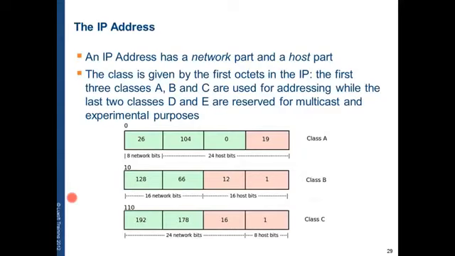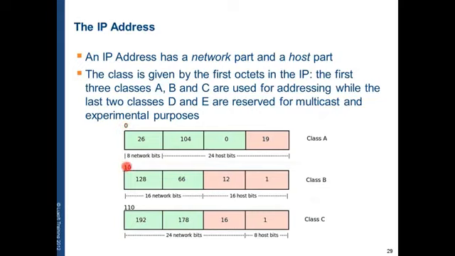The maximum range of IPs is separated in 5 classes. The first 3, A, B, and C, are used for addressing. The class D is used for multicast, and the class E is used for experimental purposes. The difference between the first 3 classes is made by the first bits in the network part. For class A, we have the first bit 0, and the rest can be any value.